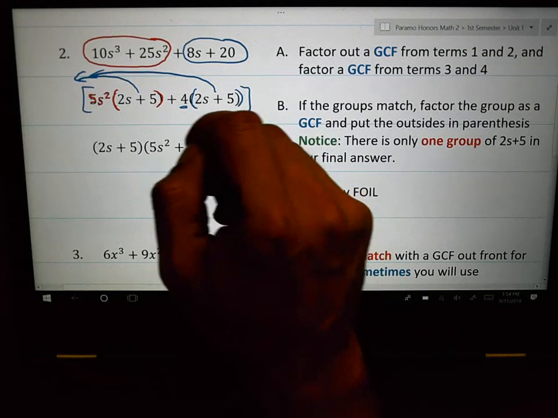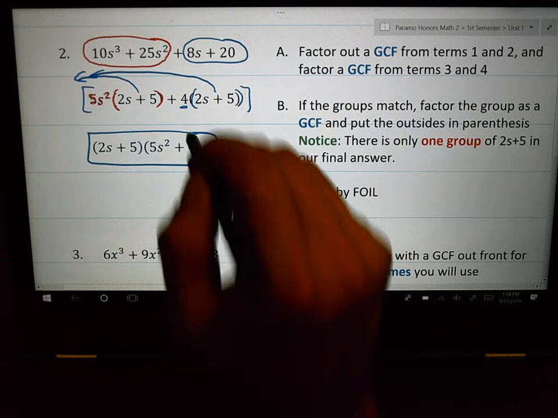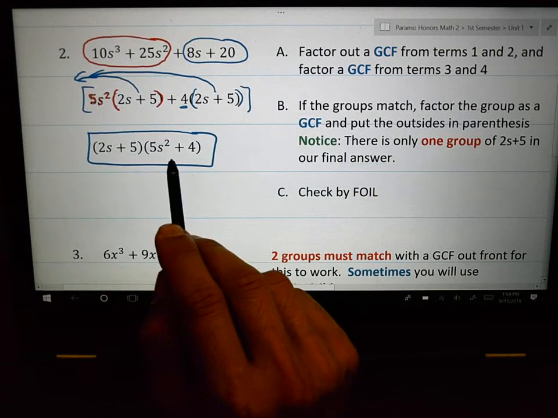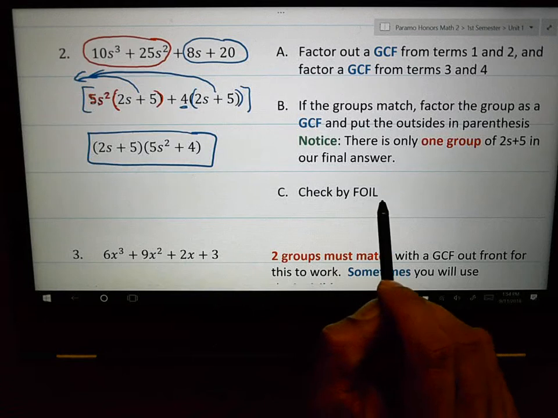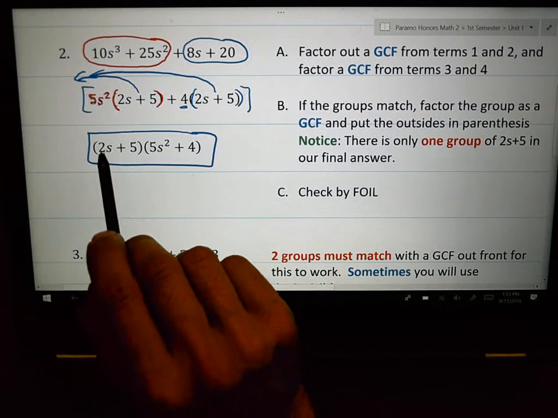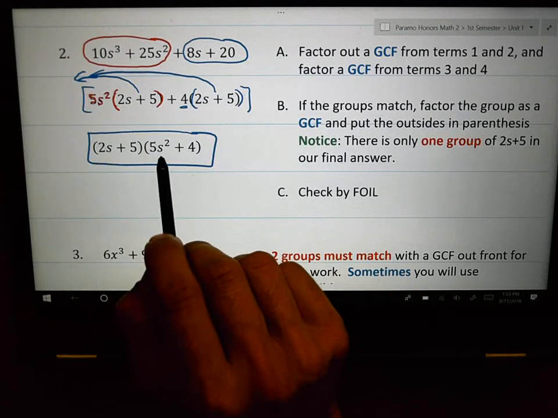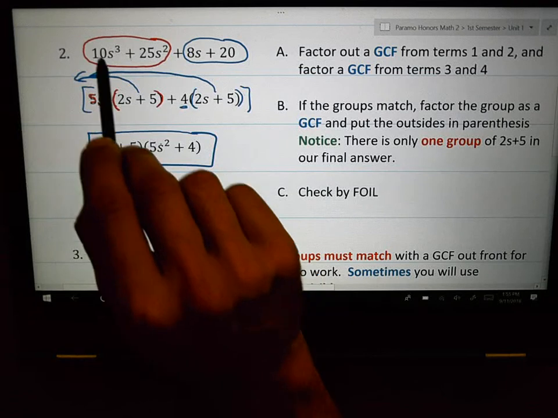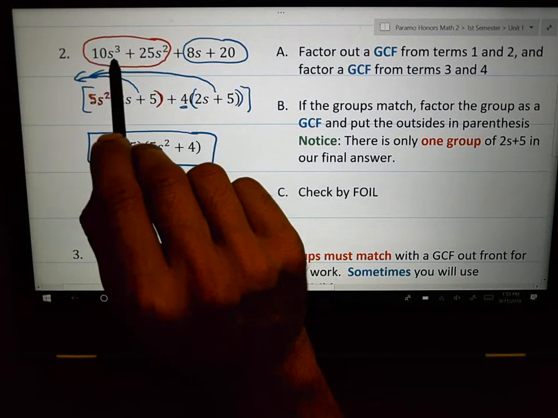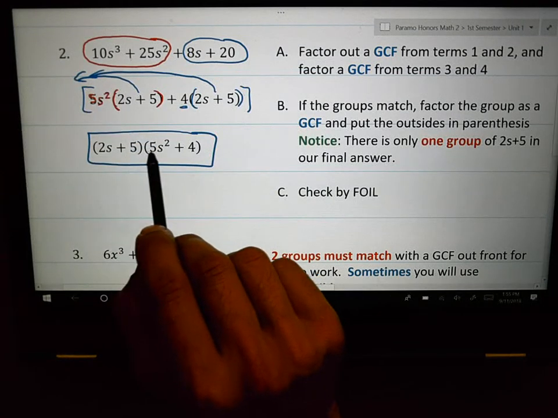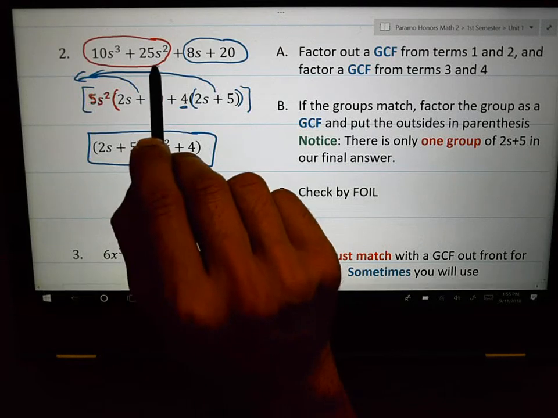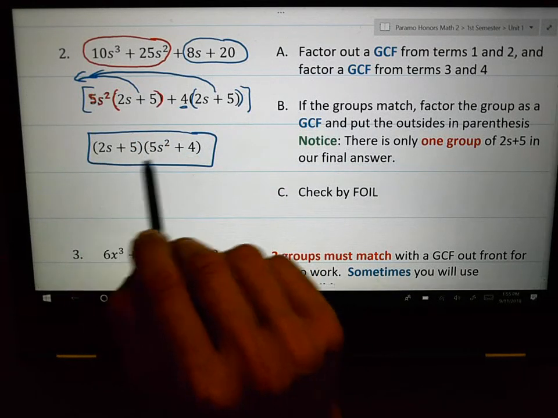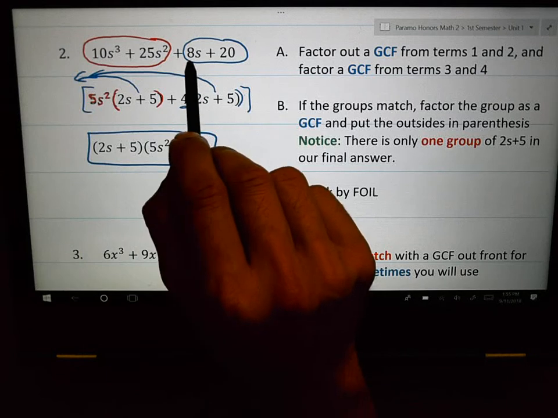This is now all multiplication. It works. We can check it by foiling. Look at what happens when I do 2s times 5s squared. That makes 10s to the third. What is 5 times 5s squared? 25s squared. What is 2s times 4? 8s.